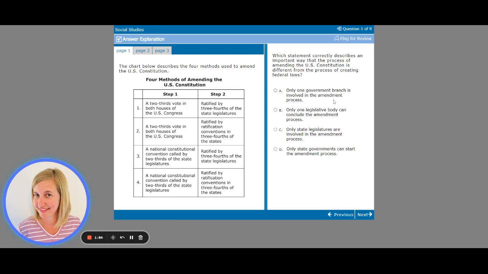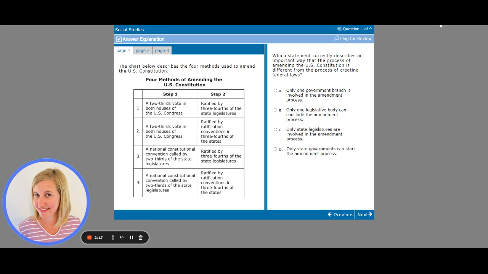Only one government branch is involved in the amendment process. Okay, eek, right here. We need to know what the government branches are. Now, this is one piece of background info that you will need. Most of the questions on the social studies test, honestly, they give you all the information you need to answer, but you do have to throw in some little bits of background knowledge.